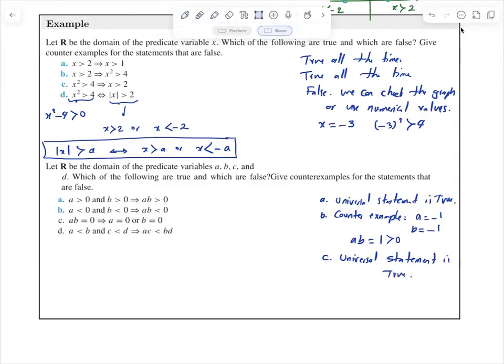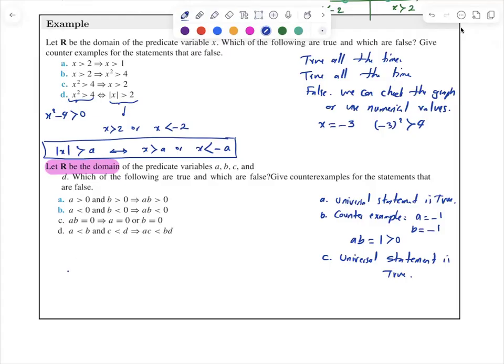This one says if A is less than B and C is less than D, then AC is less than BD. Remember that your domain is R. The domain here is very important. The domain is R. It's not positive R values. So it means that you need to take into account the negative values as well. This statement is going to be false. Why is that?